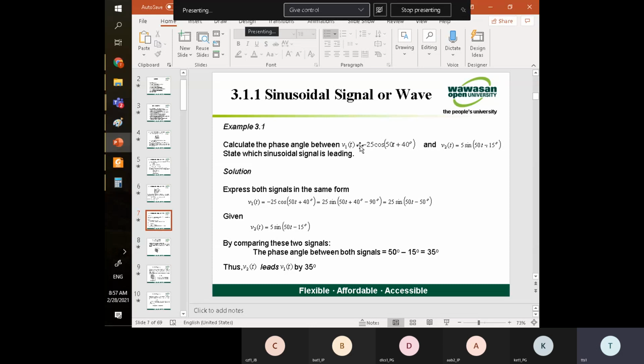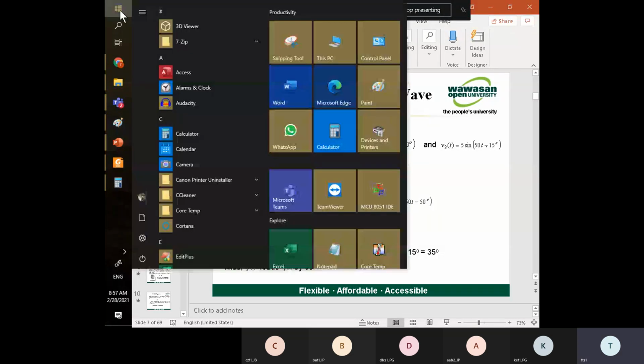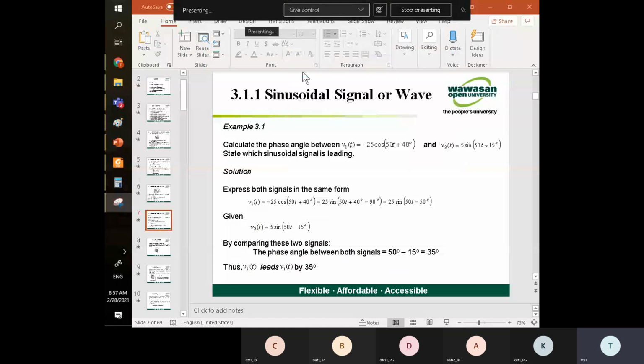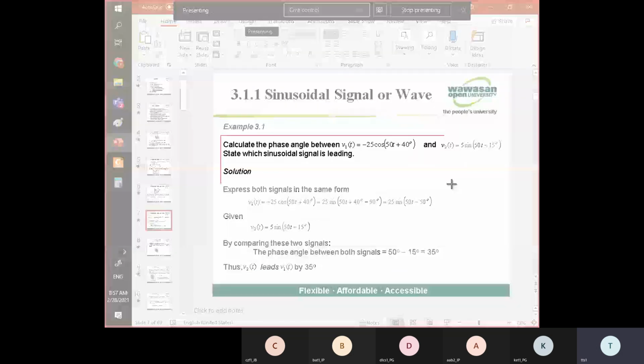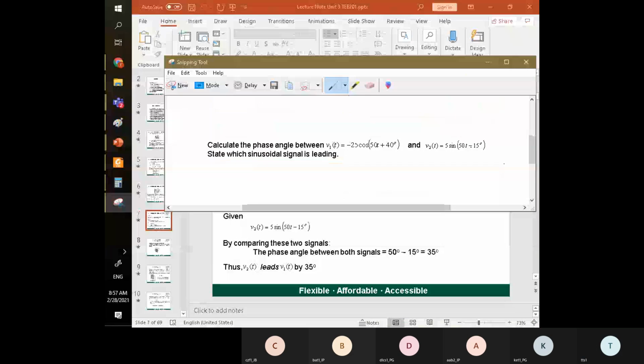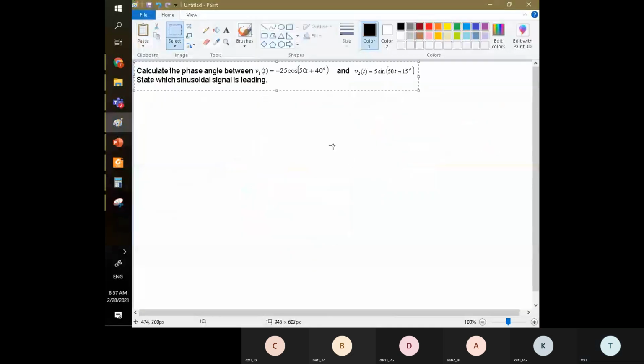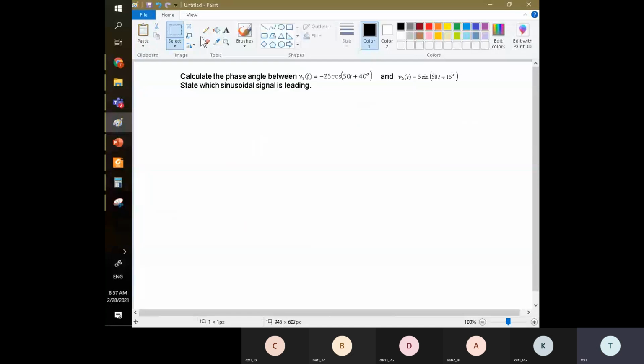Okay, I'm going to show you one good method to solve this problem. Because when you come to the classroom, that is where you learn the methods. It's not to ask you to memorize certain things. I want you to learn this method: how to find which one is leading which one. To solve this one, first you just need to draw a cross here.